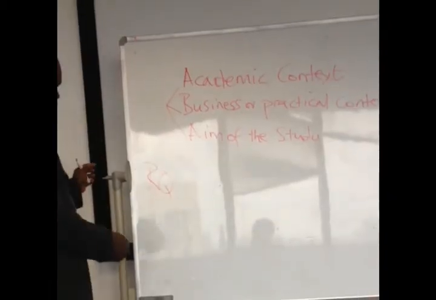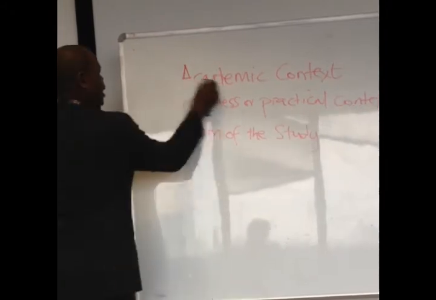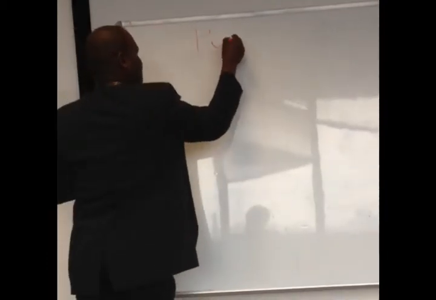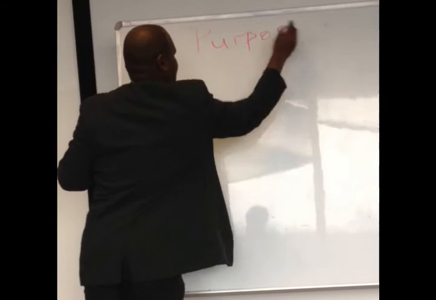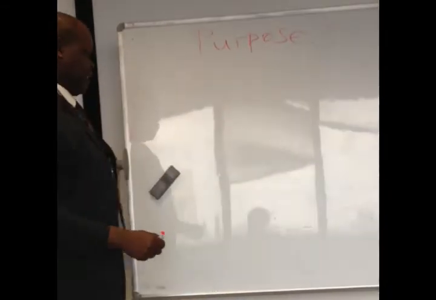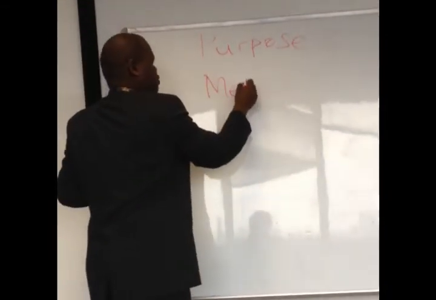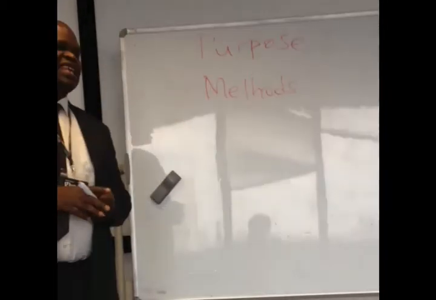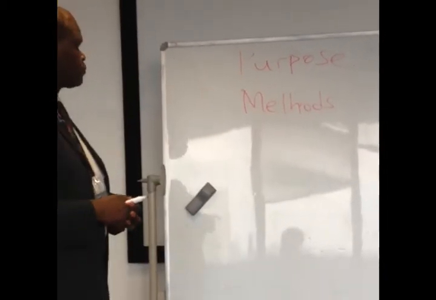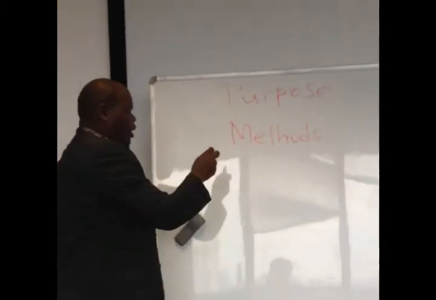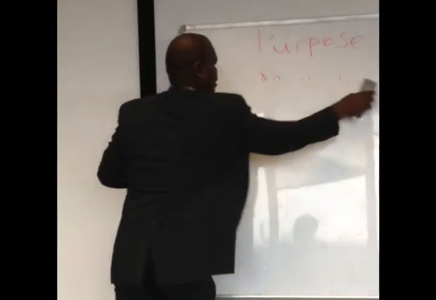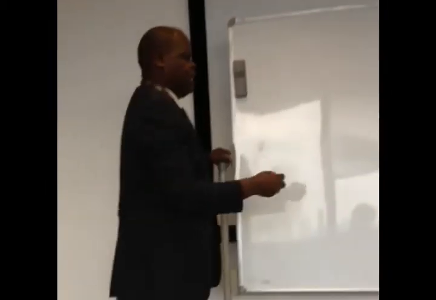The next aspect that you need to consider, after you have addressed the purpose of your research, is the issue of the methods. And this aspect covers 3 elements as well. When you're considering methods, you are looking at 3 elements.